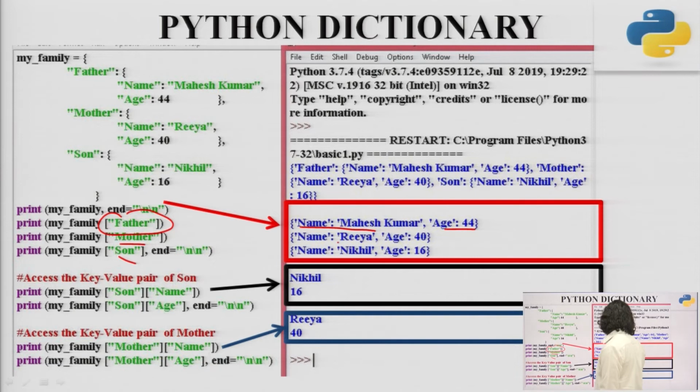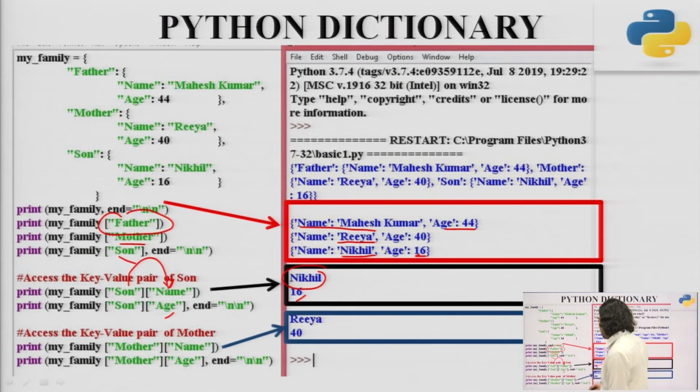Similarly, the mother's name is Riya and the son's name is Nikhil with the age 16. But when I try to access the key value pair of the son, you need further information, that is the name of that key element. So, here the key element is name. The name is referring to the value Nikhil. Similarly, the age is referring to the 16.